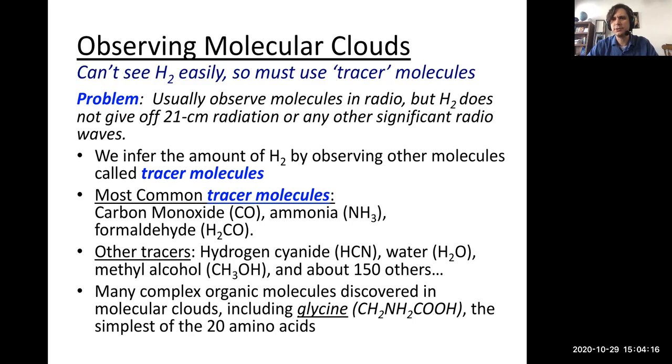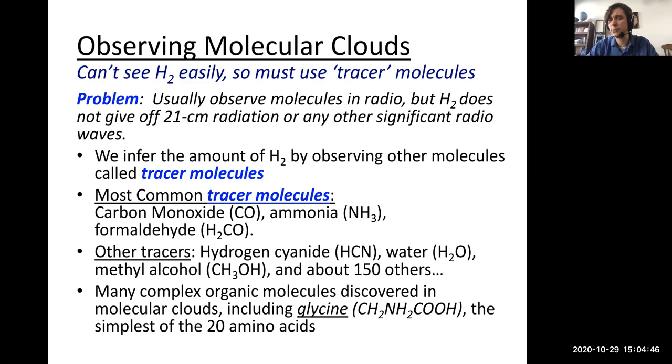Also, just by the nature of the molecular hydrogen, the molecule, it doesn't really have any significant spectral lines. It's not very good at absorbing and emitting light. And if it's not giving out spectral lines, how are we going to go about seeing it? And the trick is, since it doesn't really interact with light very easily, it doesn't have a whole lot of easy to find bright spectral lines.